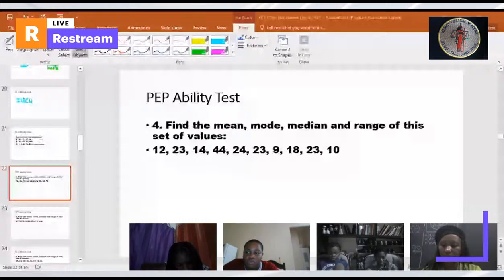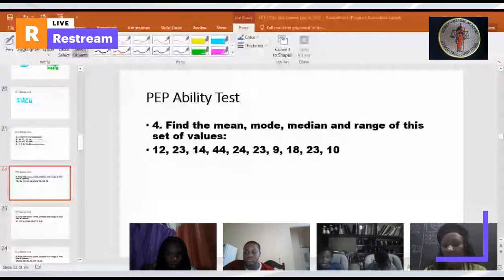For the mean, did you get that? Miss, I added up all these numbers and I got 177. Then I divided it by the amount of numbers there, which are 10. Has anyone else added them? Miss, I got 200. Okay, so you got 200 for the total.